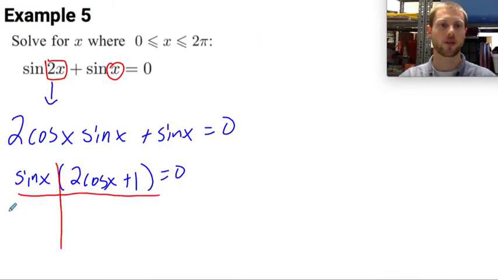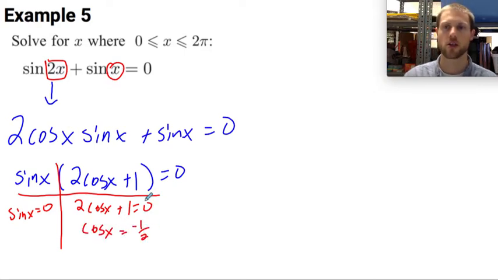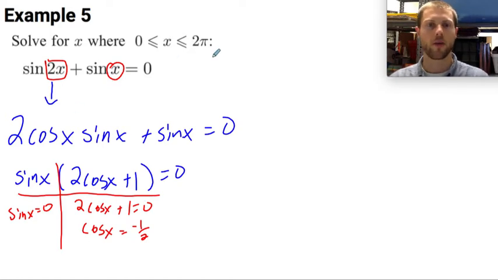So here I'm looking for when sine of x equals 0, and here I'm looking for where 2 cosine of x plus 1 equals 0, or where the cosine of x equals negative 1/2. Now I've got some nice unit circle values. So my boundaries are between 0 and 2 pi.